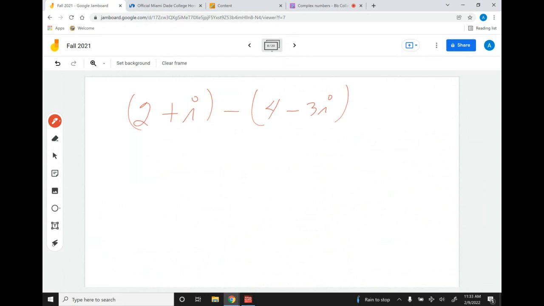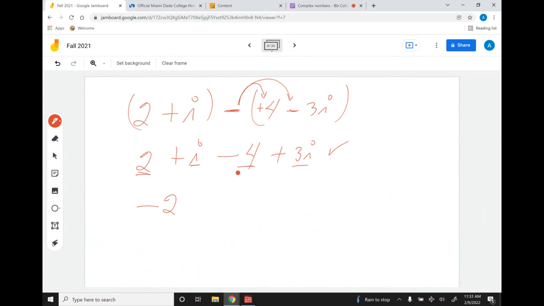Before you do anything, you have to take care of the signs. So how do I do that? I'm going to get rid of the parentheses, and multiply: negative times positive is negative 4, negative times negative turns into positive 3i. Then I remember that I need to add the real parts together, that would be negative 2.